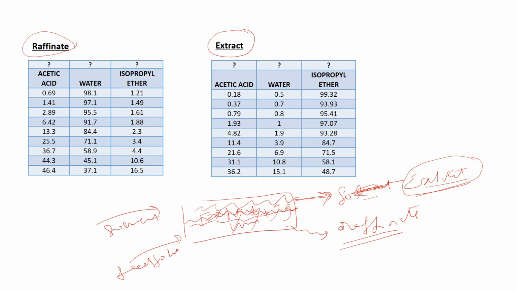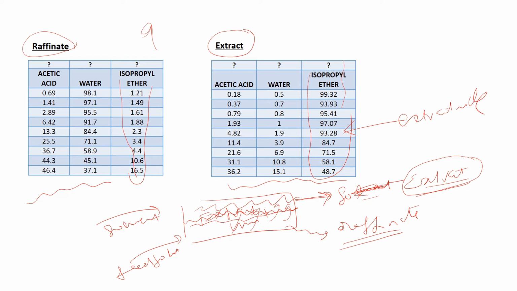So if I give you a table like this, we did 9 experiments, and this is one phase and this is another phase. If you don't know which side is your extract and which side is your raffinate, just look at the composition of your solvent. Wherever you see the higher weight percentage of your solvent, that will be your extract side.